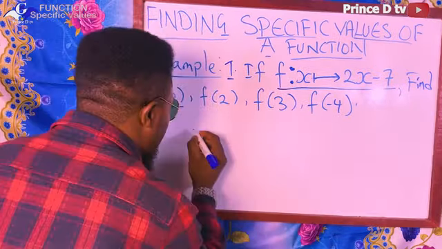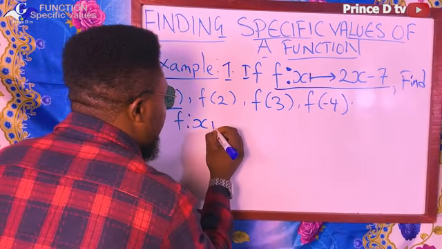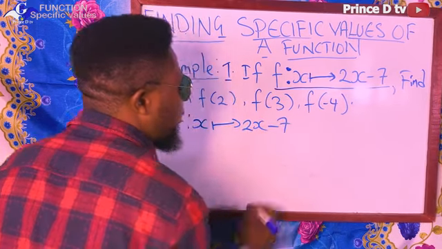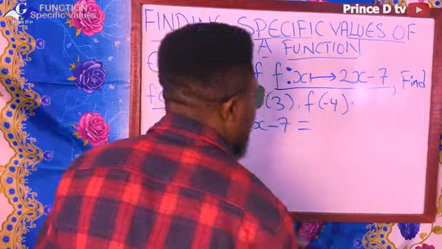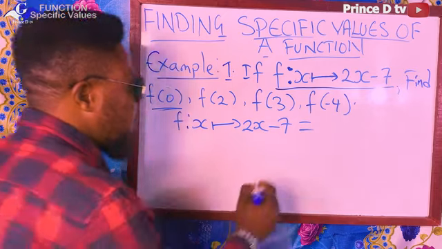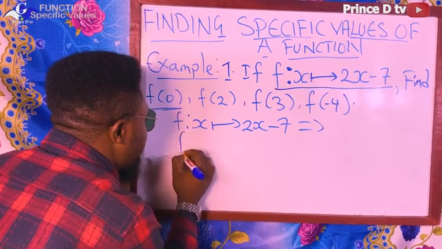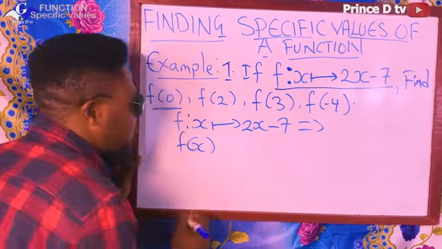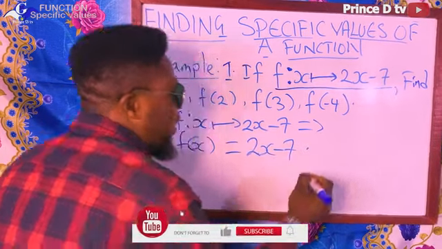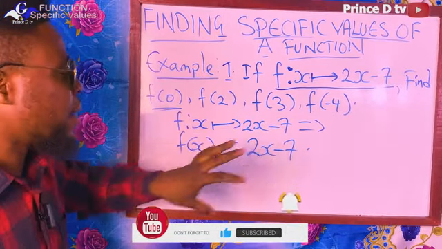So I'll repeat it again. f such that x maps onto 2x minus 7 is the same as f of x is equal to 2x minus 7. That's the first step. So this is the way we normally interpret it.